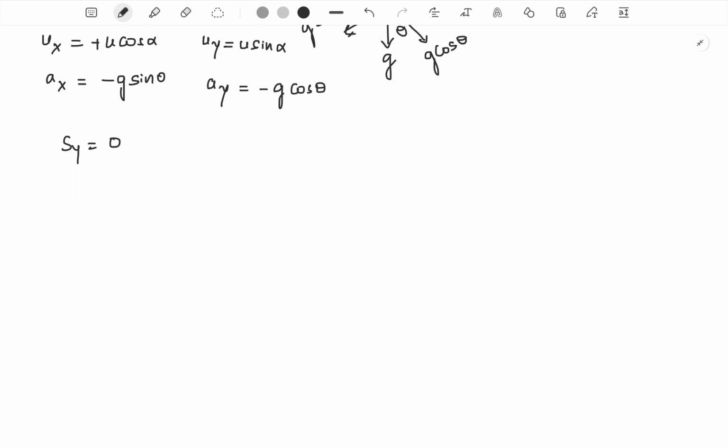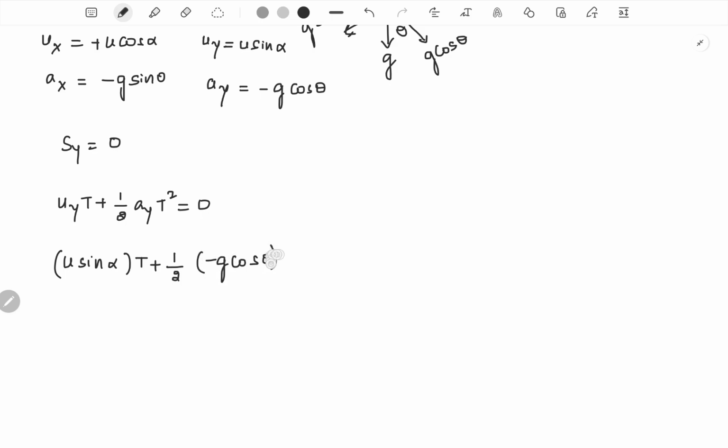So I can write Sy as uy t plus half ay t square is equal to 0, where t represents the time taken to go from A to B. Uy we got as u sin alpha, so u sin alpha into t plus half into the y component of acceleration, minus g cos theta, into t square is equal to 0.